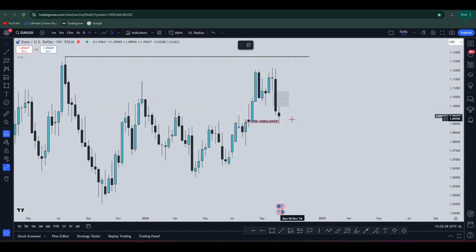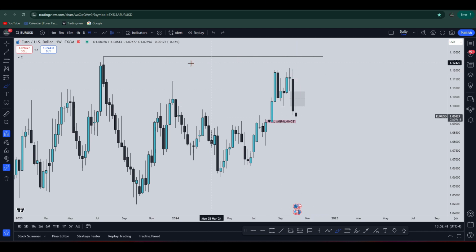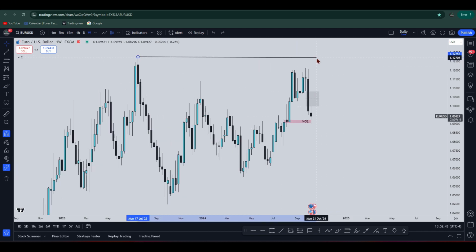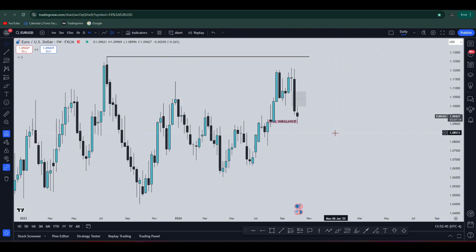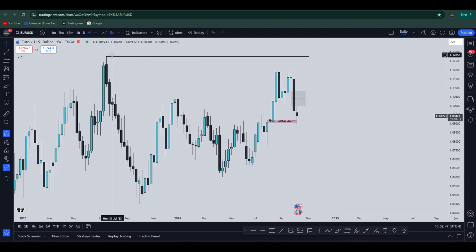So I would say we're bearish until we actually break and close above this fair value gap. Then I would say we will resume the bullish price action and attack this high here, right? But for now, it's a bit weird, I'm not gonna lie. EURUSD and GBPUSD are a bit weird.